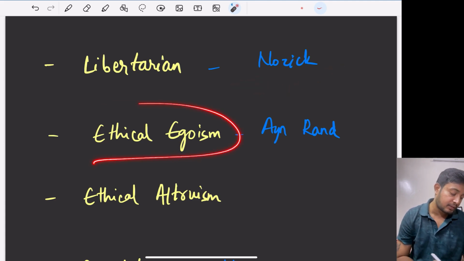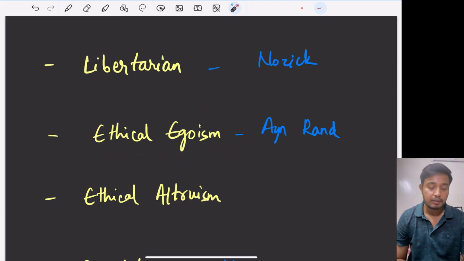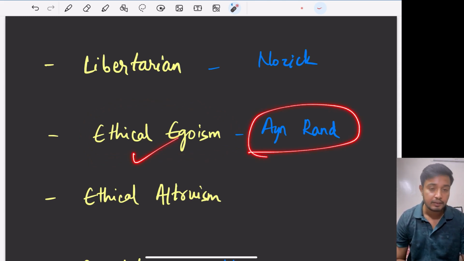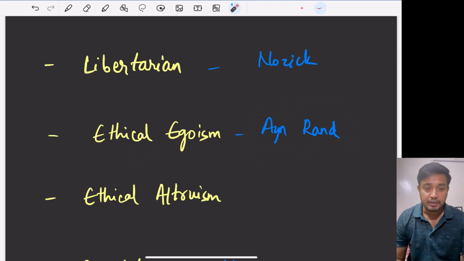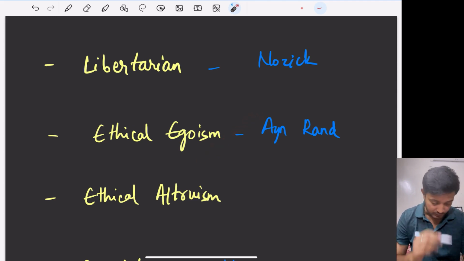And then another extreme theory is ethical egoism, which is talked about by Ayn Rand. It says that any action is moral or ethical only if it is giving the greatest happiness to the individual and not to the society around him. Every individual has to think about what is going to give the most benefit to him. It is on the similar lines of Charvak philosophy, but not exactly similar, because it talks about long-term happiness.